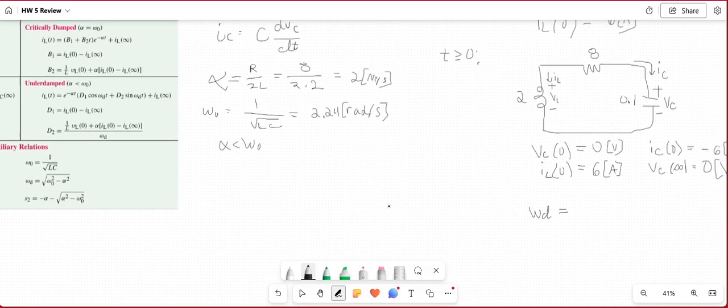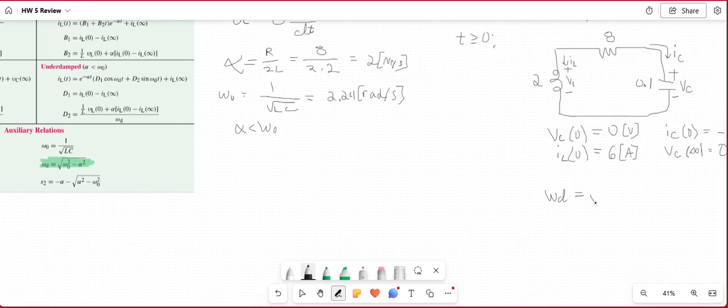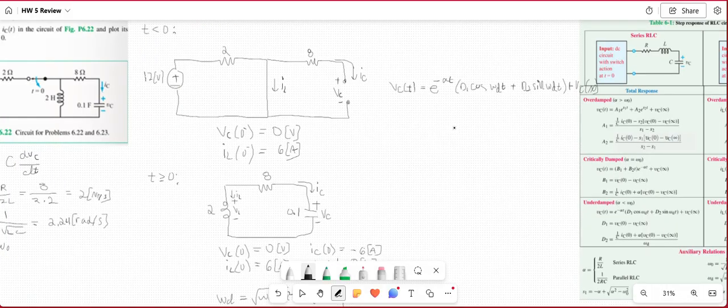So WD equals the square root of W naught squared minus alpha squared. When we plug in these values, we get WD equal to 1 radian per second. Nice, easy number.